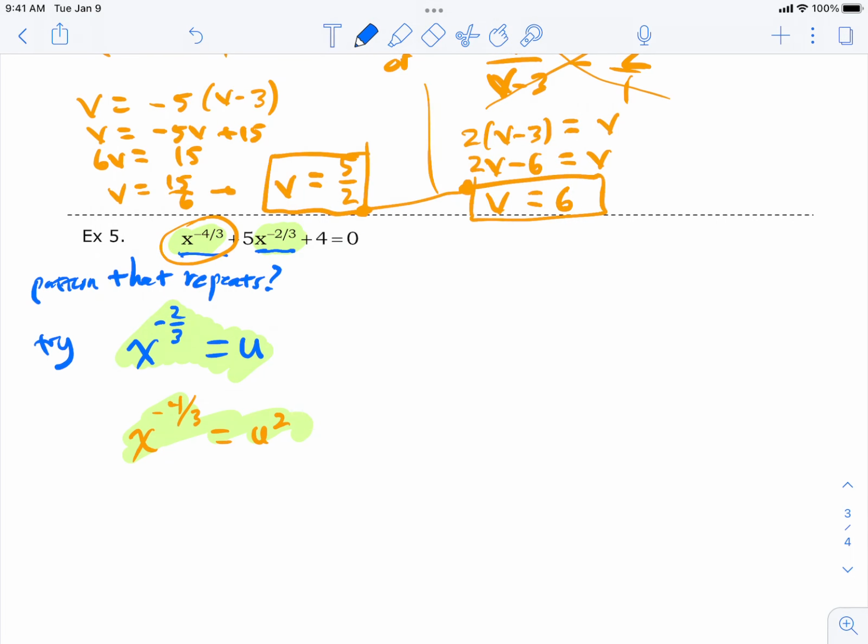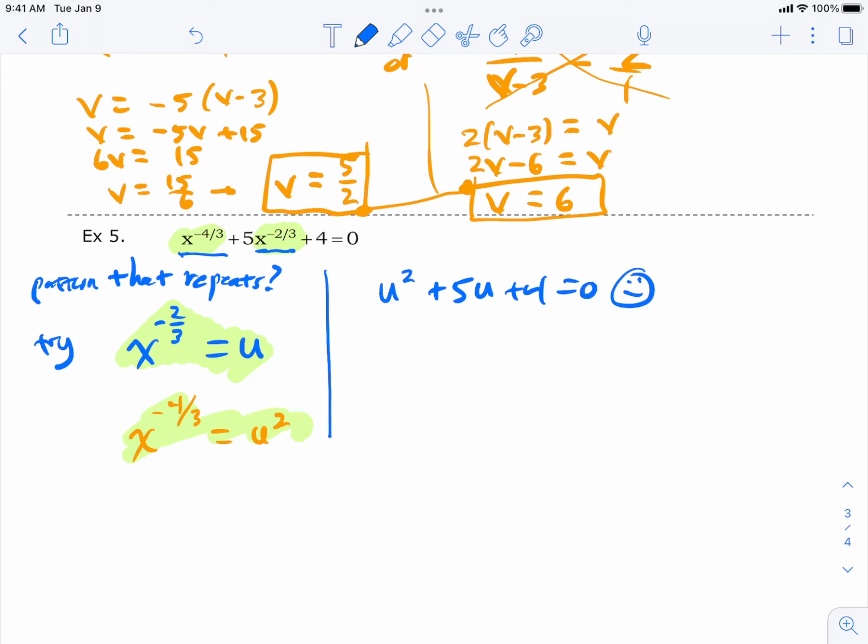So that means instead of x to the minus 4/3, that's a u squared. Plus 5 times, instead of x to the minus 2/3, I can use a u. And then plus 4 equals 0. There's our new equation.